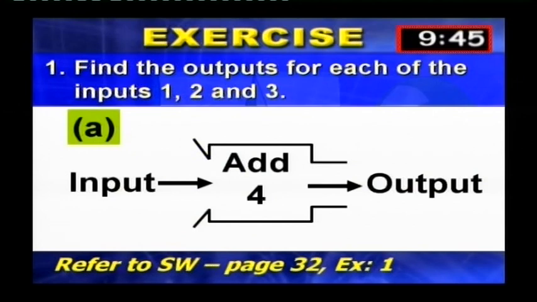That's A. There are 4 exercises, A, B, C, and D. The first one is on the screen. You can start now. You will be given only 2 minutes for each exercise.